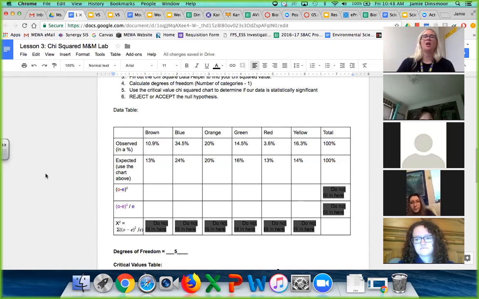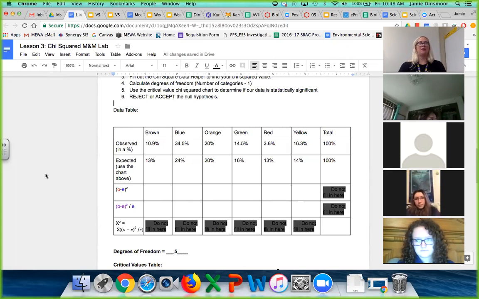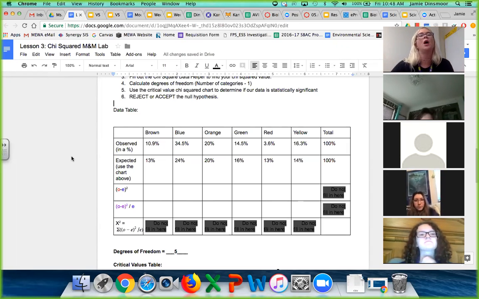Exactly. For chi-squared, you need categories. Twix is just one thing. So we need to have different colors, different shapes, different something so that we can put categories. Sour Patch Kids could be something we could do for chi-squared because there are different colors. Jolly Ranchers, so other candies that have different colors or different shapes, those could work.